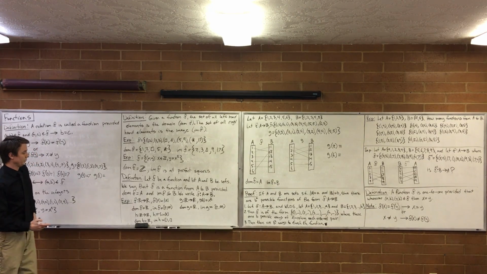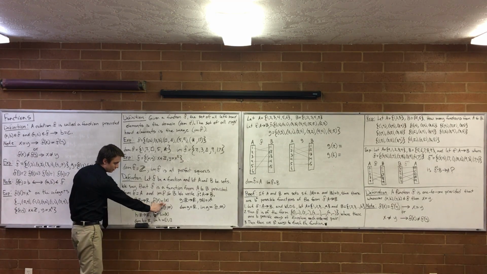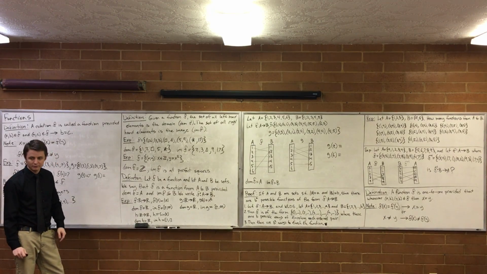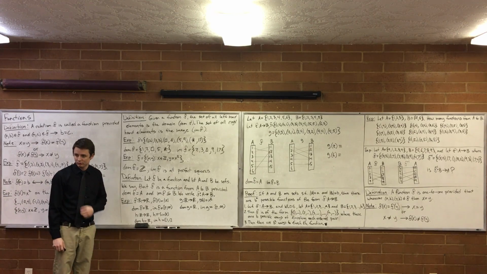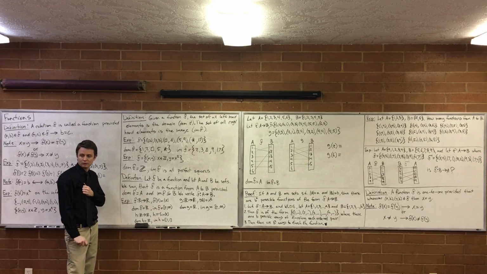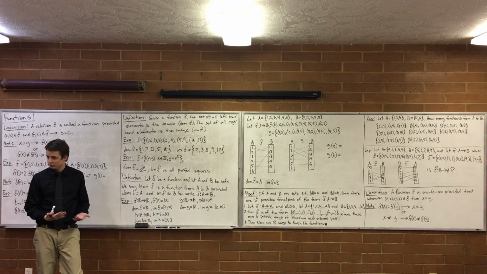So let's look at one that you're familiar with. Let's look at the function from the real numbers to the real numbers, captured by the absolute value. You know the absolute value function, right? What's the absolute value of negative 3? 3. What values can I plug into the absolute value function? Any real number.